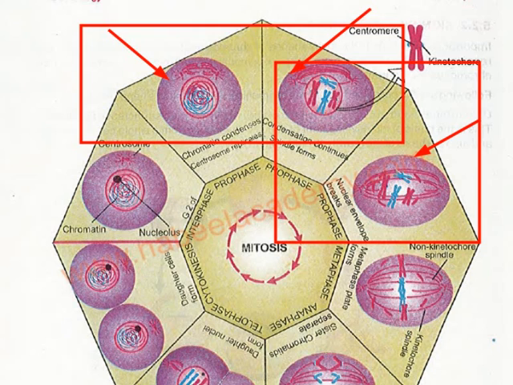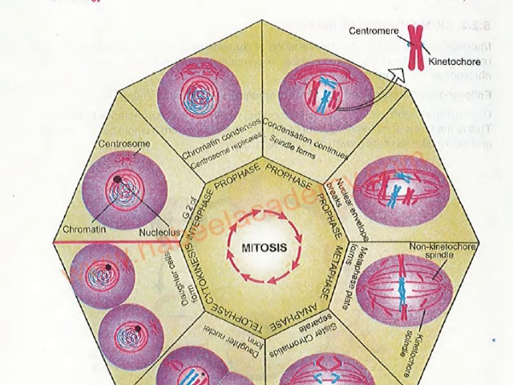So what happens is that the chromatin... This is the centromere, and the blue point is the kinetochore. If you see clearly, you can see the kinetochore in each and every chromosome here.